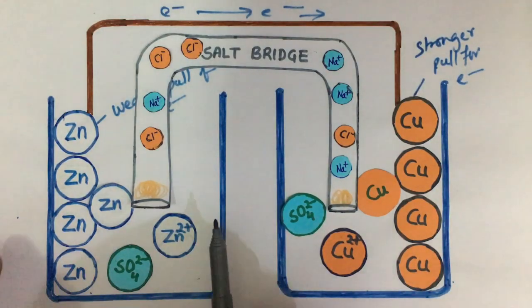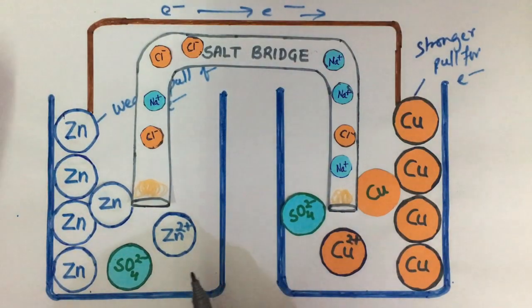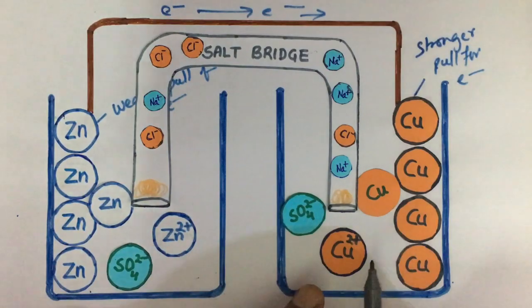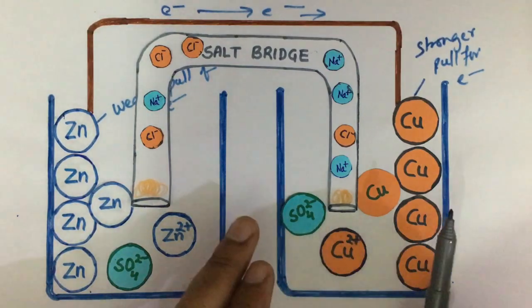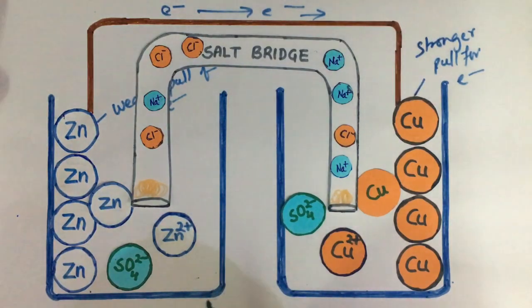Now both the oxidation half and the reduction half are electrically neutral because the positive charge is equally balanced by the negative charge. Both the zinc ions and the sulfate ions, and the copper ions and the sulfate ions, make the two oxidation and reduction halves electrically neutral. Now look what happens when the electron starts flowing.